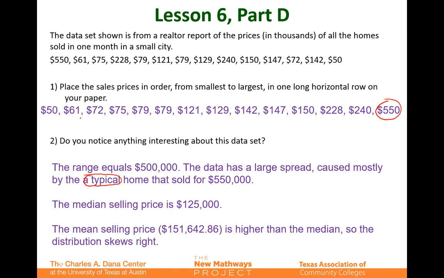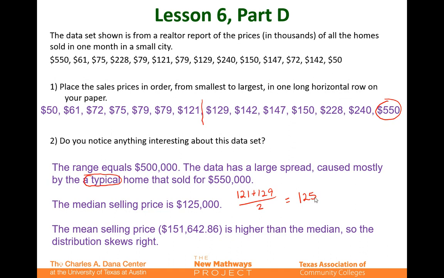Let's see if we can get that. 1, 2, 3, 4, 5, 6, 7, 8, 9, 10, 11, 12, 13, 14. So it's even. So let's do 1, 2, 3, 4, 5, 6, 7. So right here, those two, if I average 121 plus 129 divided by 2, I get a median that is 125.